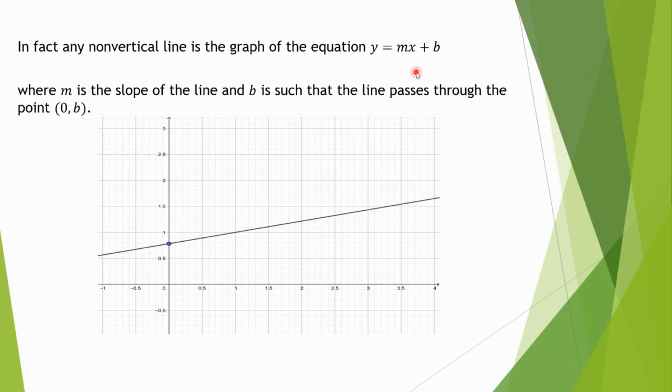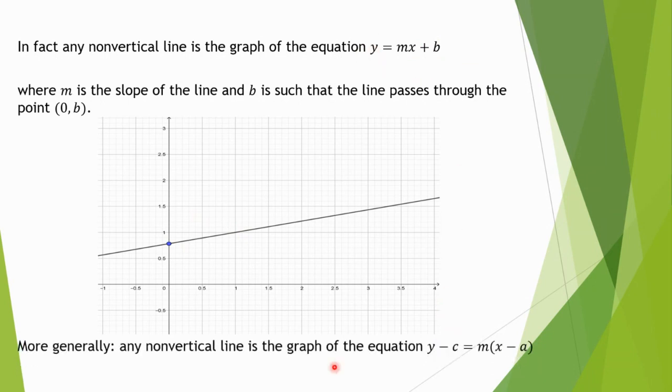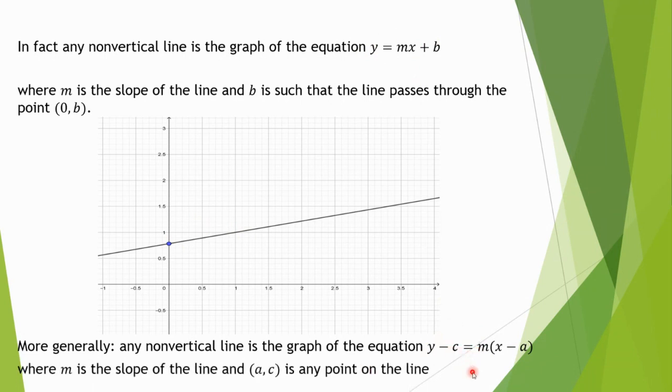To get an equation of a linear function, or actually I should say a line, you could use this. If you want to stick with this, that's fine. I just threw this in for completeness, but you really don't have to use it. But you could also use this if you want. Here the point (a, c) is any point on the line.